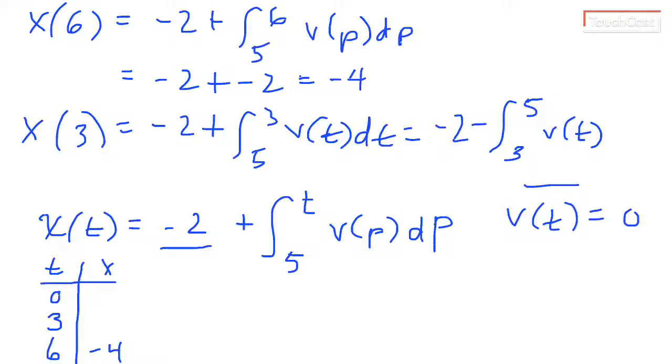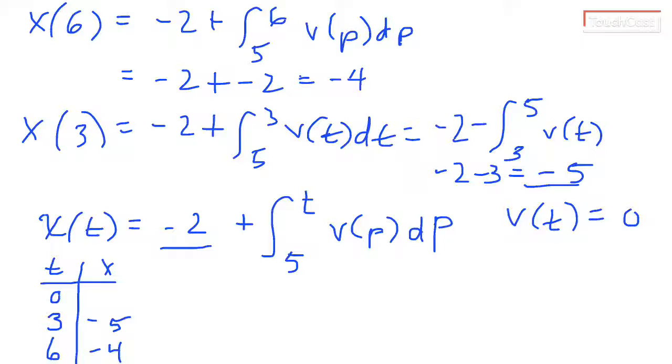Well, I have to get that picture up and say that between 3 and 5, did I know the area? And the answer is yes. Between time 3 and 5, the area between the t-axis and the v curve was a positive 3. So it's going to end up being negative 2 minus 3, which is negative 5. That was for time 3.